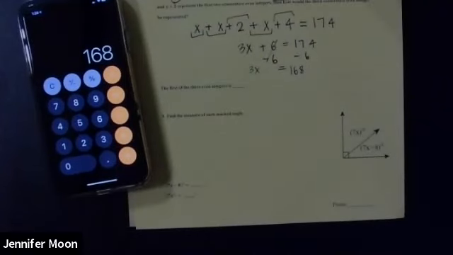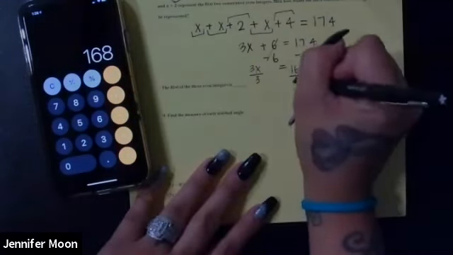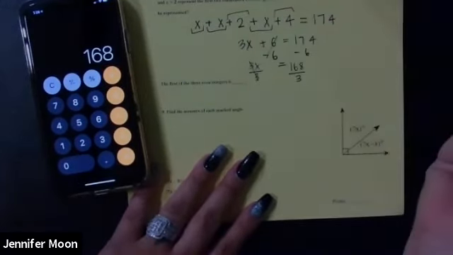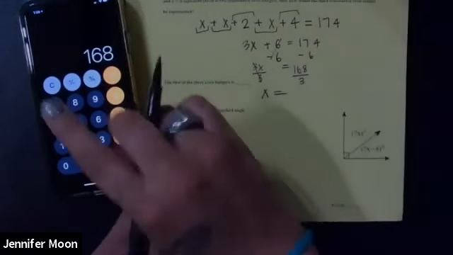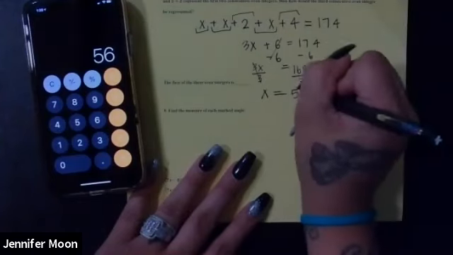Now, to get x by itself, it's being multiplied by 3, so we divide by 3. Always remembering that whatever you do to one side, you have to do to the other. Left-hand side, those 3's go away, right? I just have x equal. If you do 168 divided by 3, you get 56.